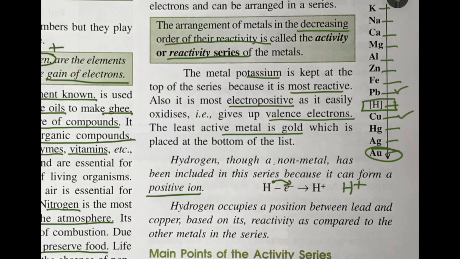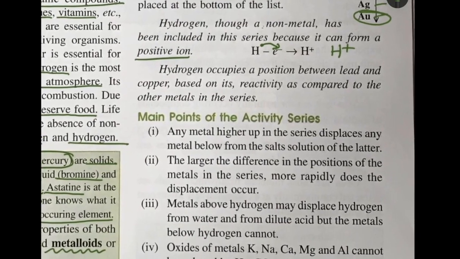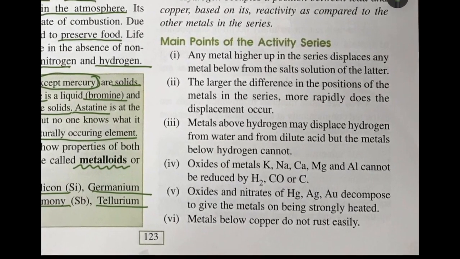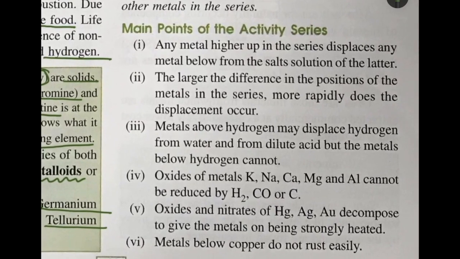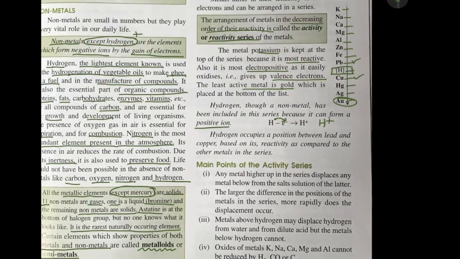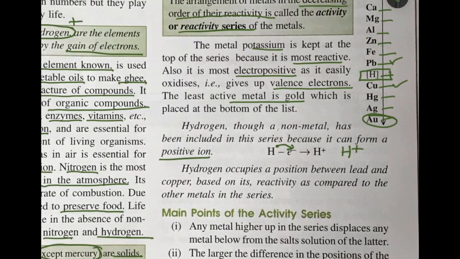So, the main points of the activity series, we have already discussed. Any metal which is higher up in the series displaces any metal from below, from the salt solution of the latter. Supposing you have copper sulfate plus zinc, there will be no reaction.